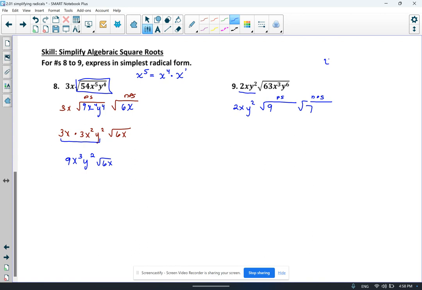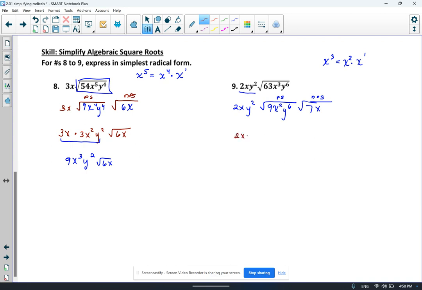X cubed is not a perfect square, but I can simplify that into x squared times x to the first, because x squared is the highest perfect square in x cubed. And to make it whole, I put x in the non-perfect square piece. Y to the 6 is already a perfect square, so I don't need to simplify that.